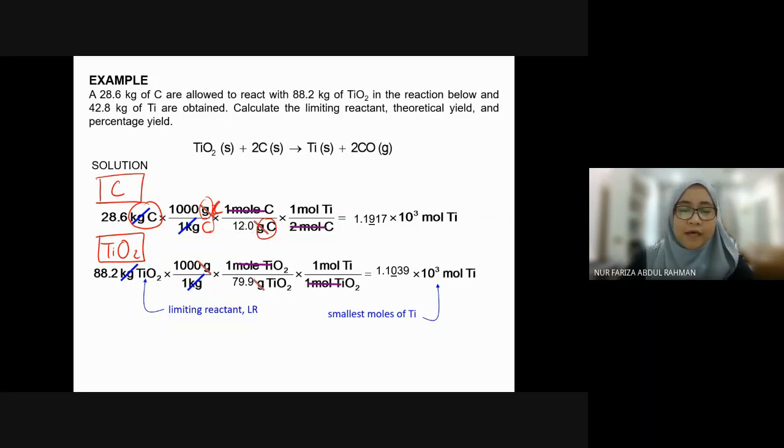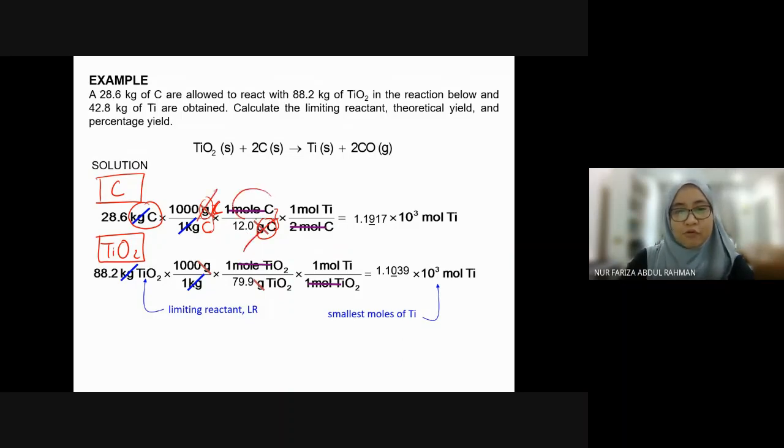At the top, for the numerator, we should have 1 mole of carbon. So that is the relationship: 1 mole of carbon is equal to 12 gram of carbon. So this is our conversion number 2, and then this one will be cancelled out.